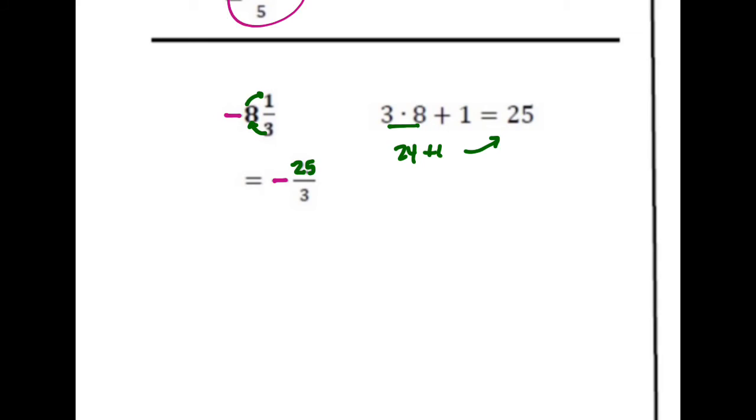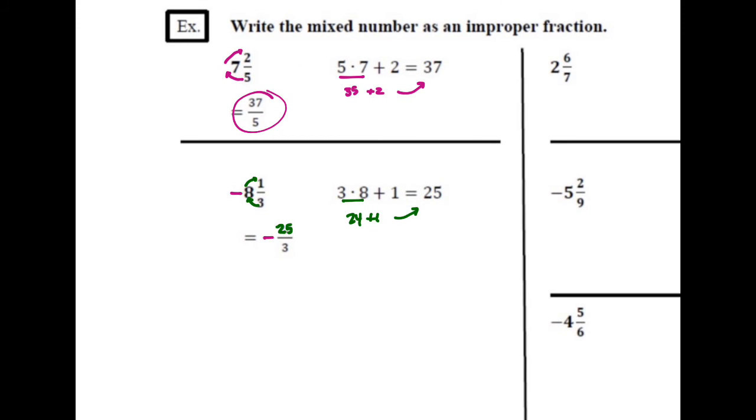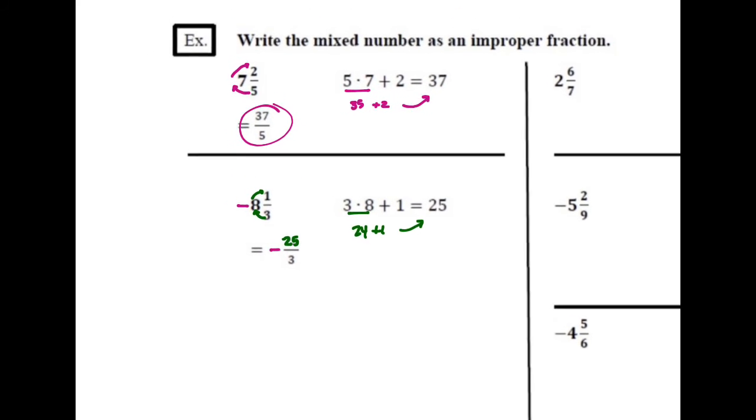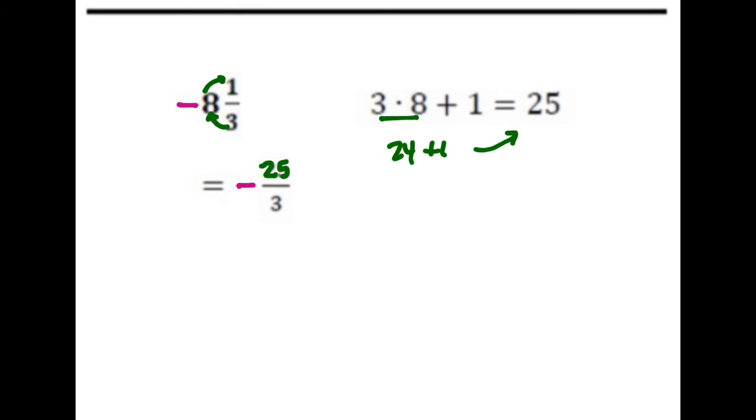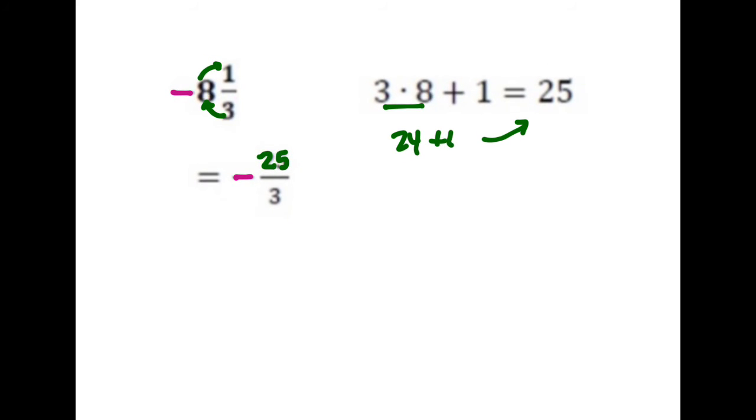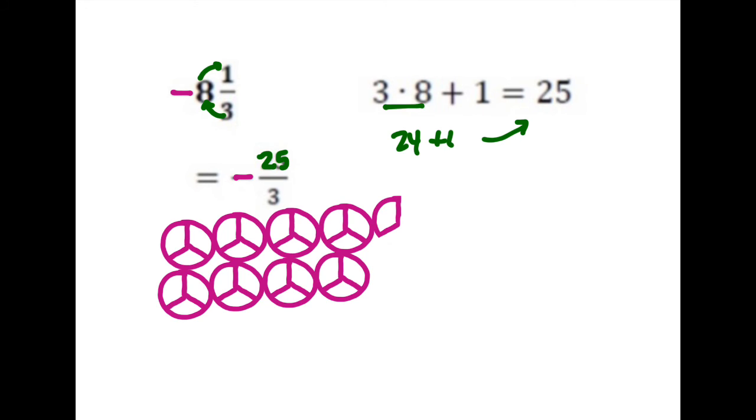Okay, so let me explain using a visual. I think this is the easiest one. Sorry, I'm making you motion sick. If we have 8 1/3, I'm going to draw it out. Give me just a second. Okay, so what does this mean? This represents 8 1/3.